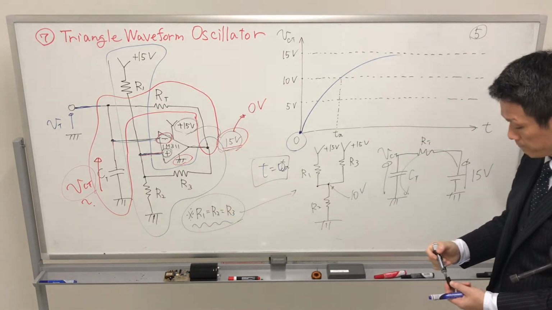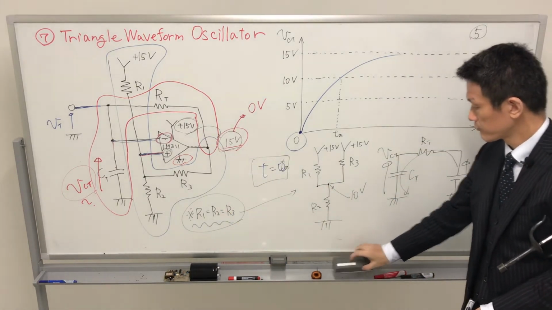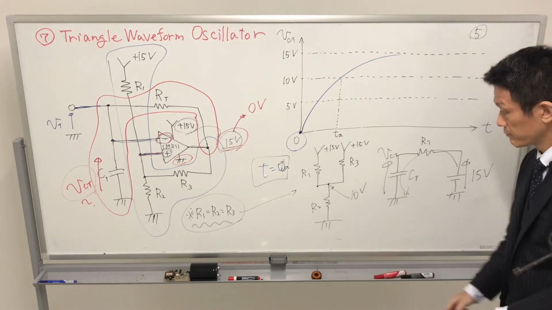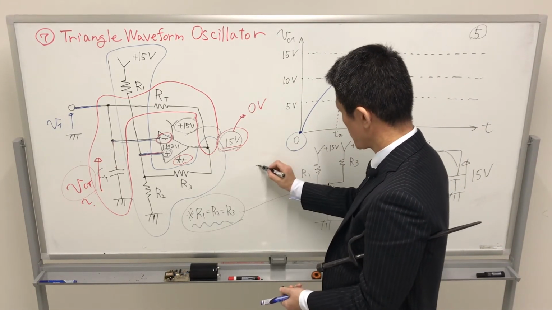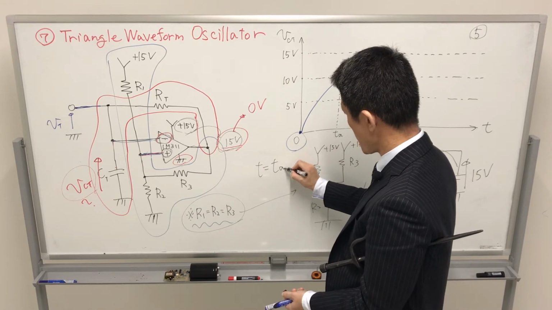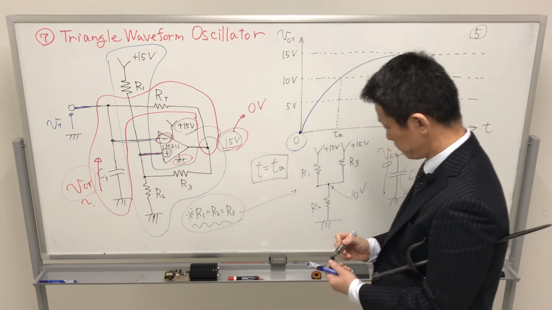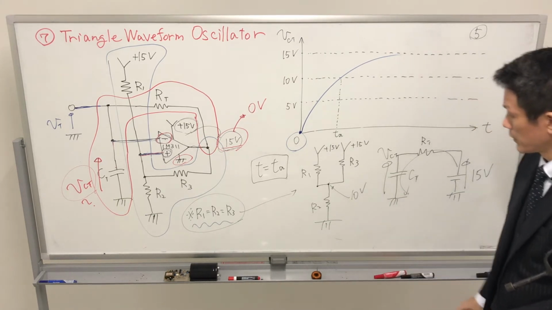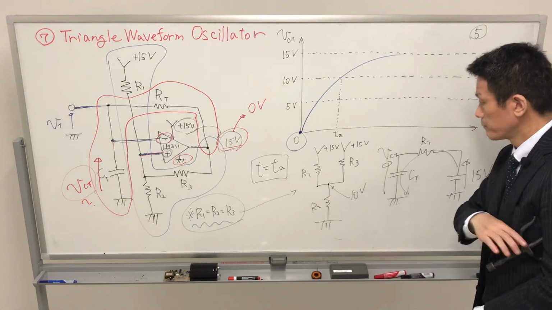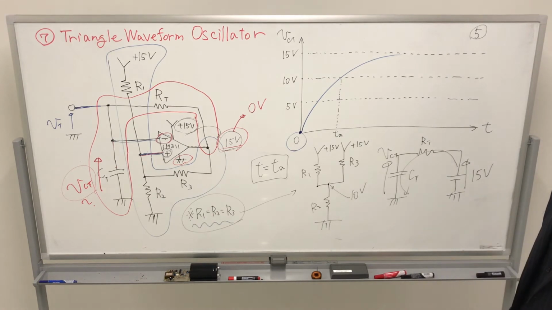Please indicate. I will write. In the case of T equal TA, first is the blue line. Okay.